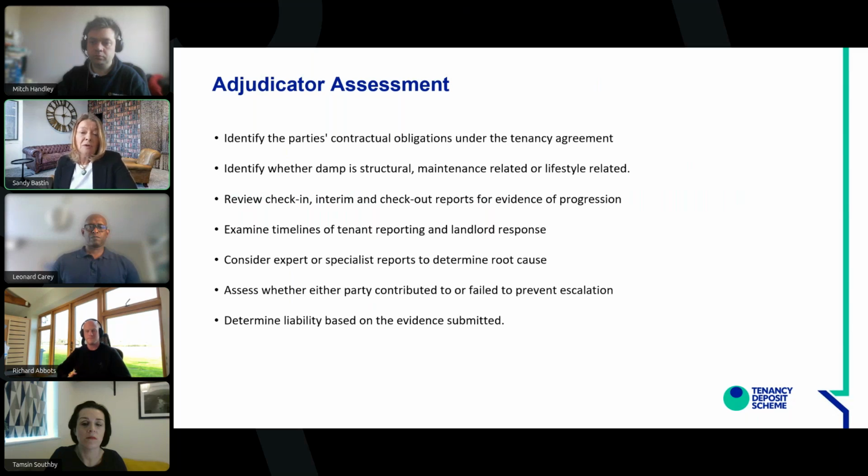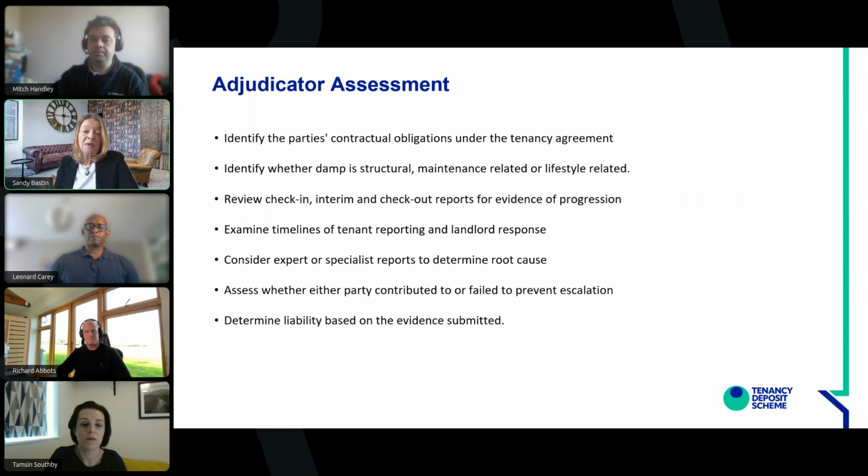So they will review the check-in report, and in the case of damp and mould cases, mid-term interim inspections can be useful, but ultimately they are looking at the start condition of the property and the end condition. So they will be reviewing the check-in and check-out reports for evidence of whether there was mould or damp existing at the start of the tenancy, or how that has progressed at the end of the tenancy.